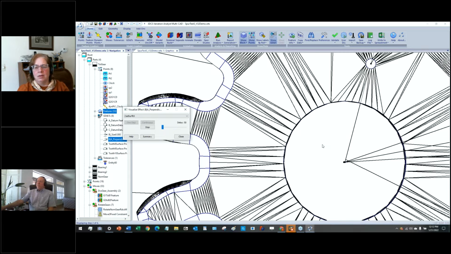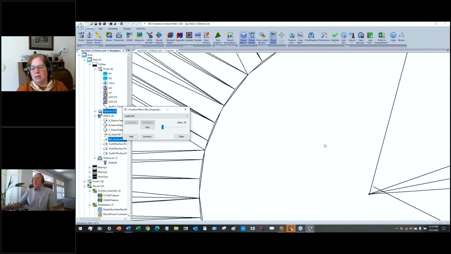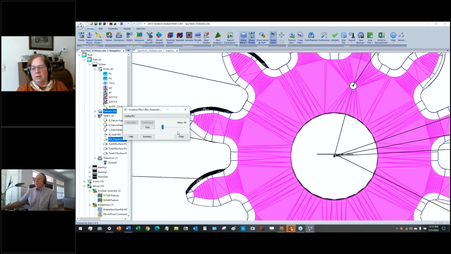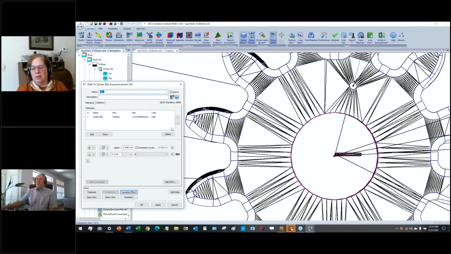So the mesh is going back and forth, simulating the Monte Carlo simulation of the perpendicularity of datum B to datum A. This is a handy feature. Sometimes you increase the amount just to make sure it's doing the right thing. Let me close this one.